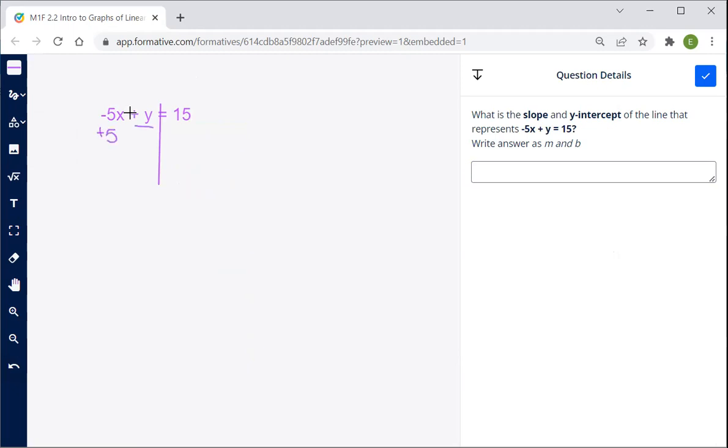We've got to get rid of this 5x. If I add that 5x to the other side, that gives us 5x plus 15. Now, aha, we can find the m and b. So we get 5 and 15.